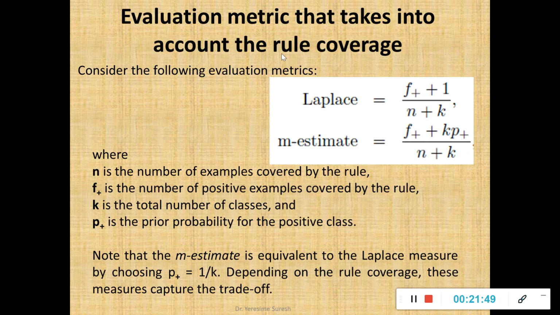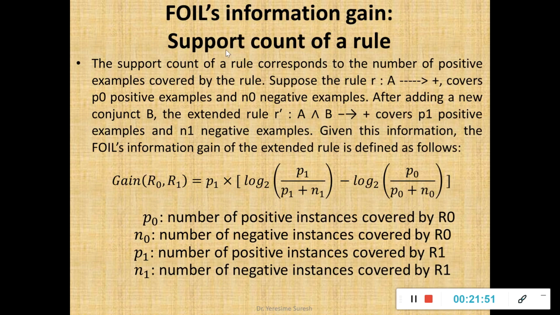Fine. In this case we considered the rule coverage. Here we will take into account support count, and one of the approaches available to consider support count is Foil's information gain. In short form it is represented as FIL, Foil's information gain. So the support count of a rule corresponds to the number of positive examples covered by the rule.